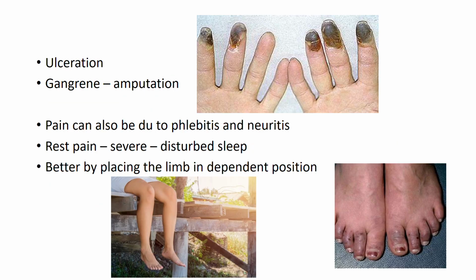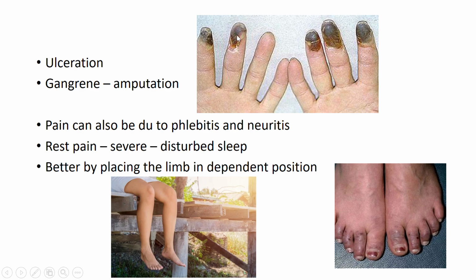Now, as this phenomenon further progresses, it can lead to the formation of ulcers, as you can see in the pictures. If this is further not treated, this can lead to gangrene. And if it's not controlled, this becomes one of the major reasons for amputation. One of the major features of this disease is that the ulceration usually starts in the distal parts. That is, you can see here in the toes and in the fingers.